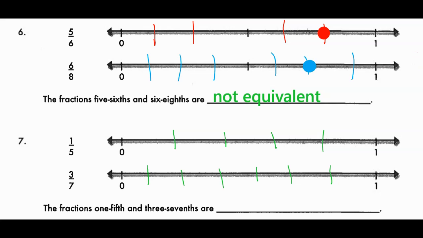1/5 is going to go where? On which line? The first one, right? The one right after 0. And then 3/7 on which line? Do 3 hops. 1, 2, 3, right there.